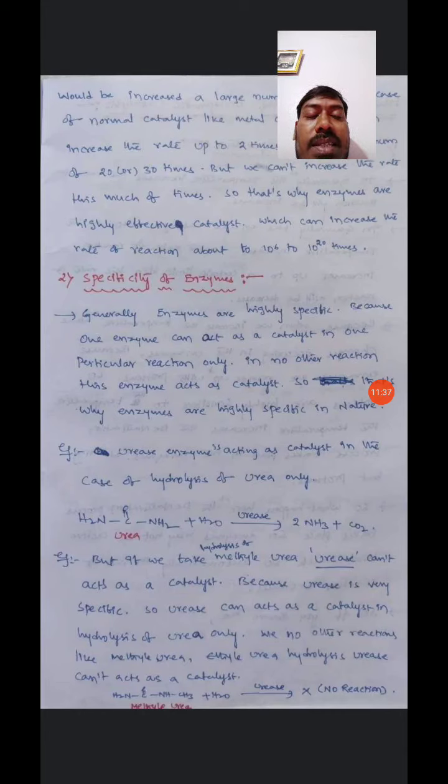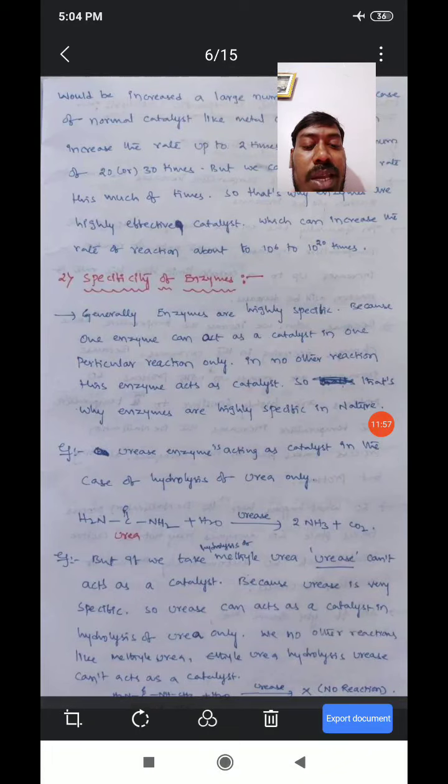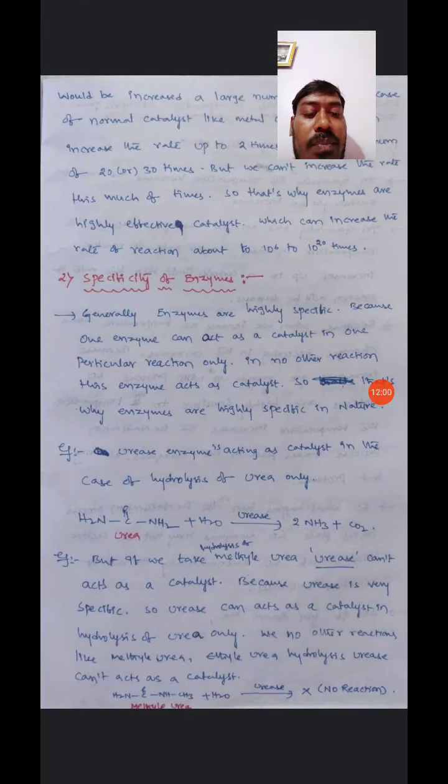Here NH2 C double bond O NH2 is the formula of urea, and this urea undergoes hydrolysis in the presence of urease and forms ammonia and CO2. So this enzyme is acting as a catalyst.